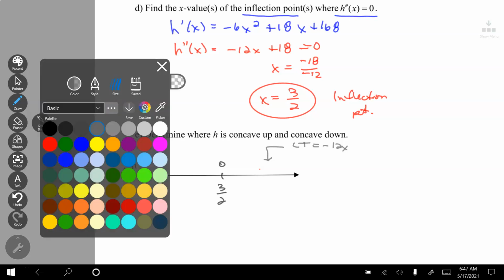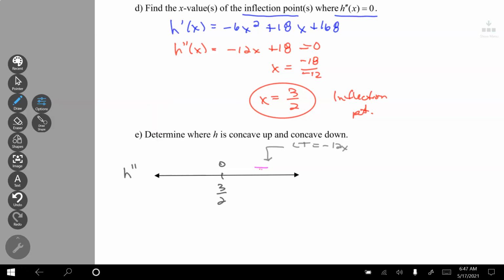That means this right side is negative, and then after the 0 it's positive. So this part is concave up, this part is concave down. I can write down my concave up is from negative infinity to 3 over 2, and my concave down is from 3 over 2 to infinity.